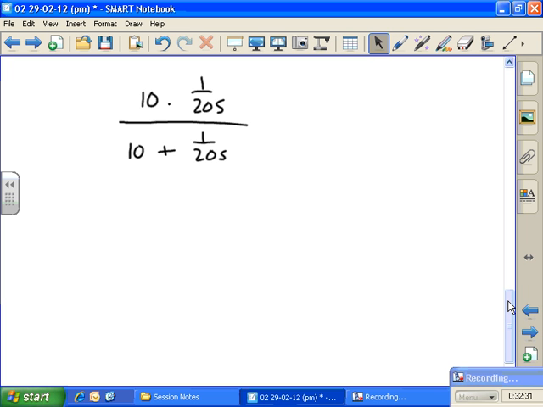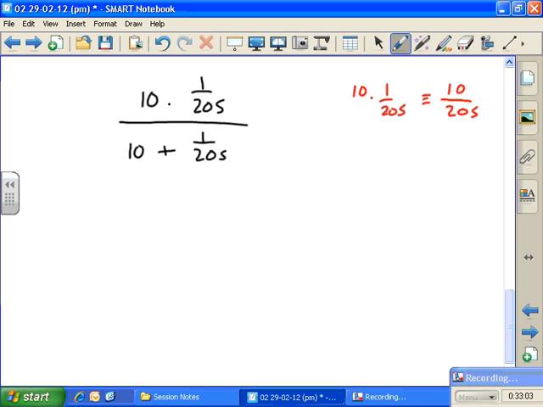Right, first of all, we can actually work out what 10 times 1 over 20s is, which is the same as 10 over 20s. Little algebraic thing we need to recognise. If you've done maths with me before, we talked right at the start of algebra about a times 1 over b being exactly the same as a over b.